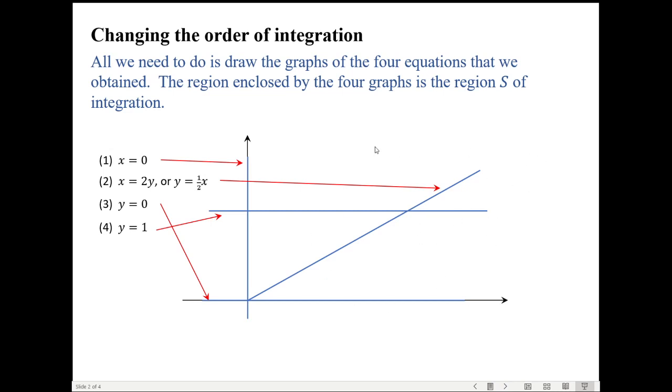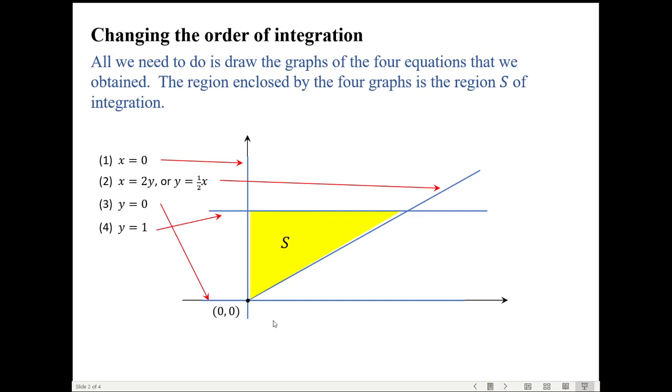Now that we know the region, we can integrate in any order we like. We are already given the limits of integration when the order of integration is x first and then y next. So we reverse the order. Let's make it dy dx. By the way, that is the region S, colored yellow. The important points in the region are the intersections, the corners.